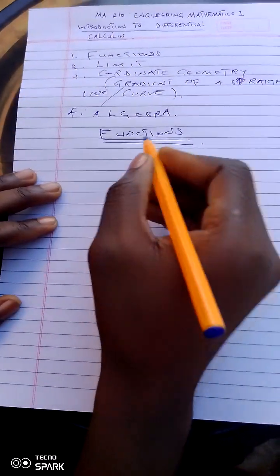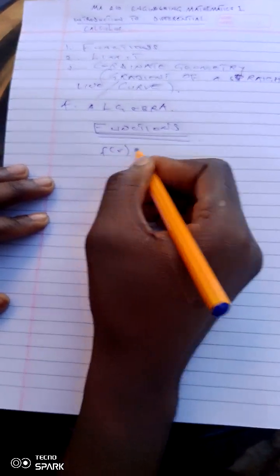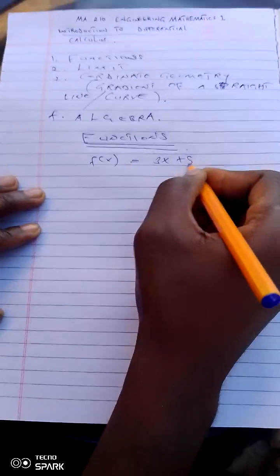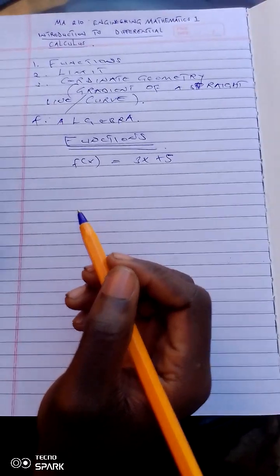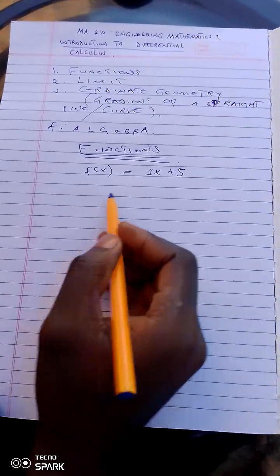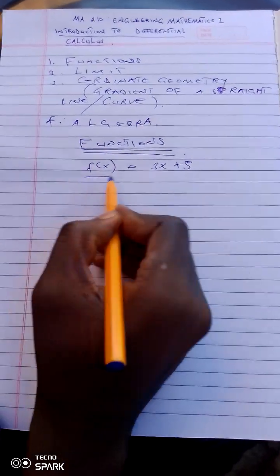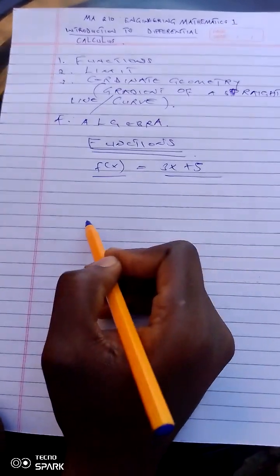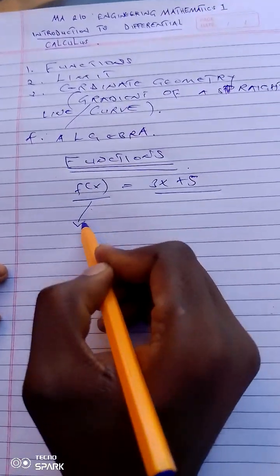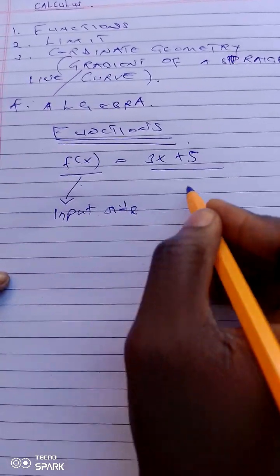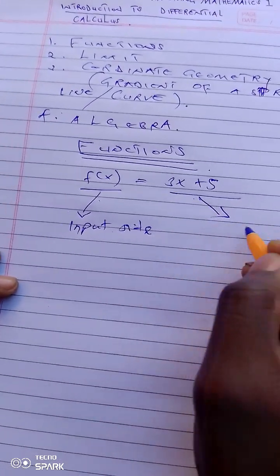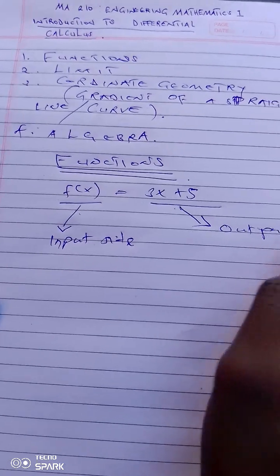Okay, so if I write something like f of x is equal to 3x plus 5, this expression that I've written here, for lack of better term, it has two parts. So this part here and that other part. This part here, I'm going to call it the input side. Then this part here, I'm going to call it the output side.